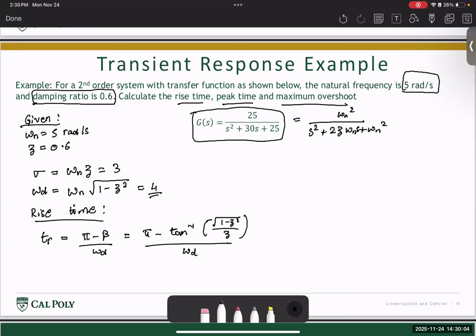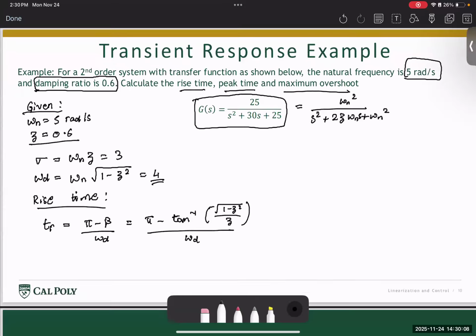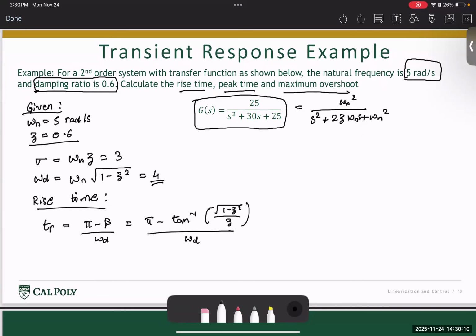Substituting the value for omega d and the value for zeta as seen here, we get a total rise time of about 0.5733 seconds. All right. Then it's asking us to find what is the peak time.